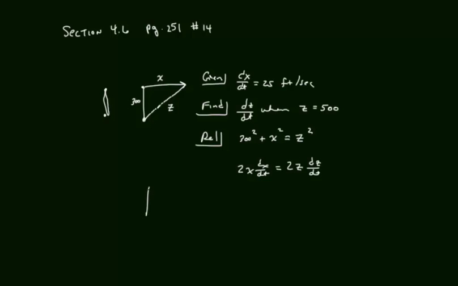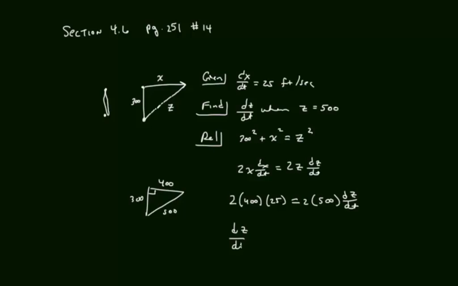And then a snapshot in time. 300, this is 500. Another 3, 4, 5 triangle. So x is 400, and this is 2 times 400, dx/dt is 25, 2 times z, which is 500, dz/dt.